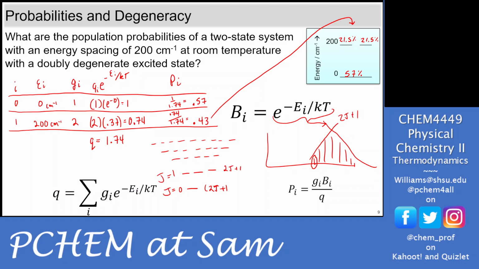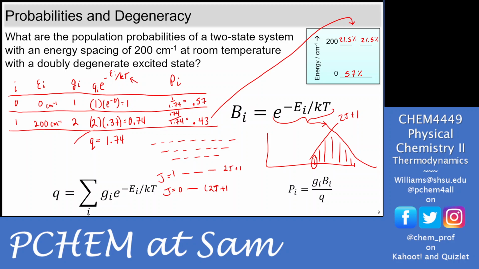So if we were to cool this thing down to absolute 0, so our temperature would be 0. Let's get close to 0. Let's go to 1 Kelvin. And so this guy right here is really a small denominator. But at the ground state, the energy is 0, and so this is still going to be 1.